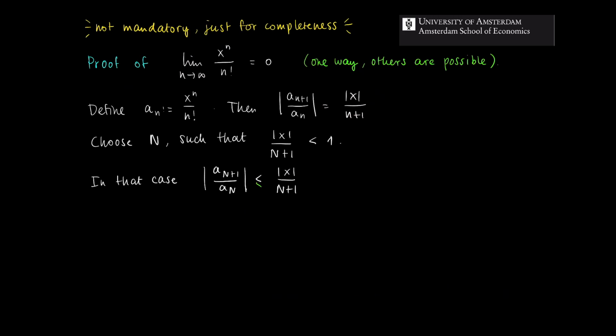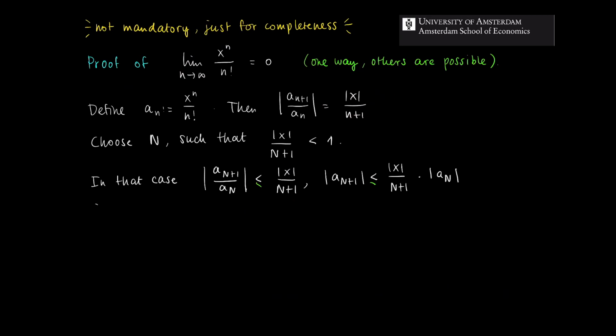Well, here it's exactly equal, right? So now we see that the absolute value of a_(N+1) is smaller or equal than this fixed factor, x divided by capital N plus 1, times the absolute value of a_N.